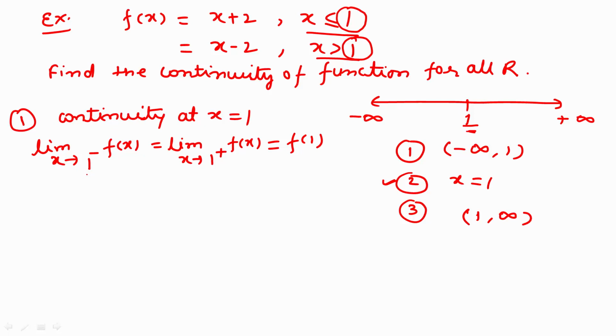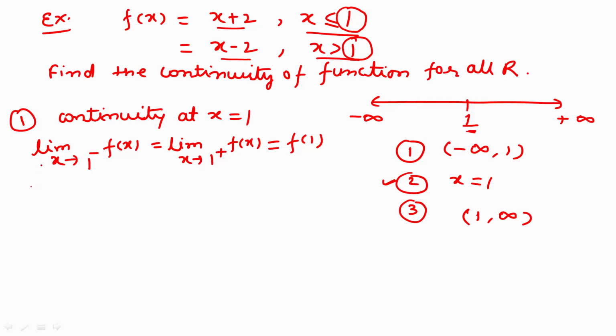1 minus indicates that x is less than 1. If x is less than 1, we take this function. 1 plus indicates that the value of x is greater than 1. So here x is greater than 1, so we will take the function x minus 2, and f of 1, this is the function where x is less than or equal to 1, so we will take the function x plus 2.